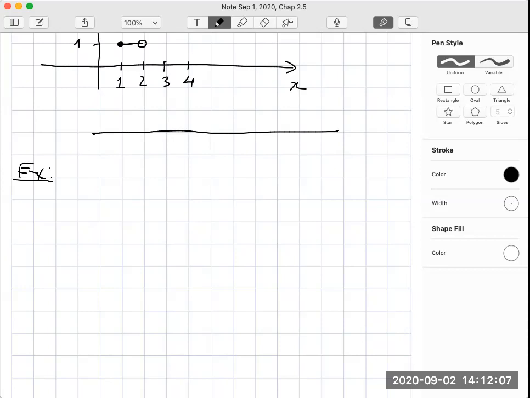Consider this. Evaluate the limit of sine x over 2 plus cosine of x. It's better.